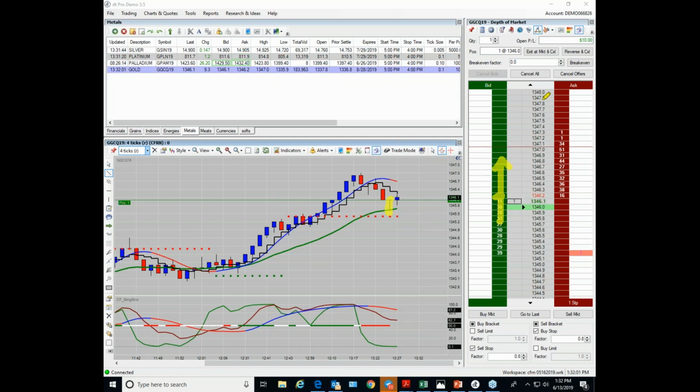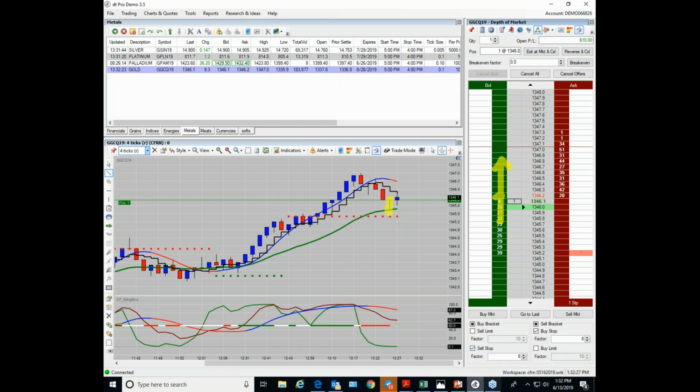What's also cool about DtPro, see this little button here when I push it? Bracket option. Notice how the bottom of the DOM opens up and closes. If I activate that, I select sell stop and buy stop, as I do here. I right click over it and go factor in ticks.